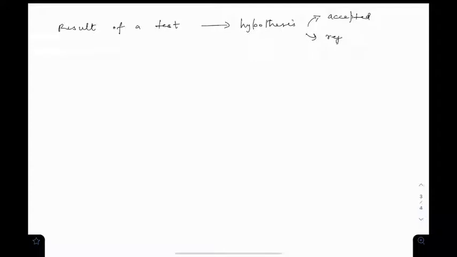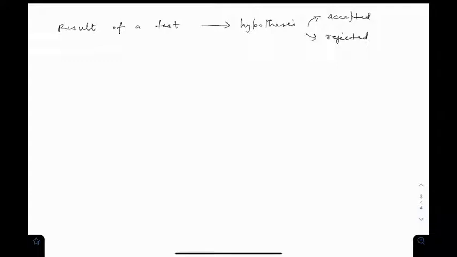Now, the result of a test is that the hypothesis is either accepted or rejected.